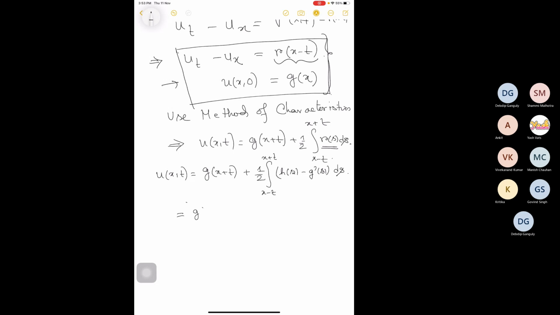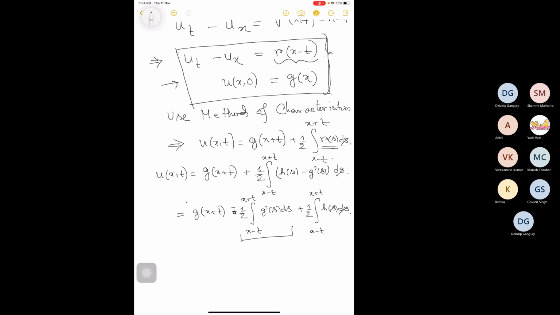This I can write as g of x plus t plus half integral from x minus t to x plus t of minus g prime of s, okay, plus half integral from x minus t to x plus t of h of s ds. Okay, is that okay?